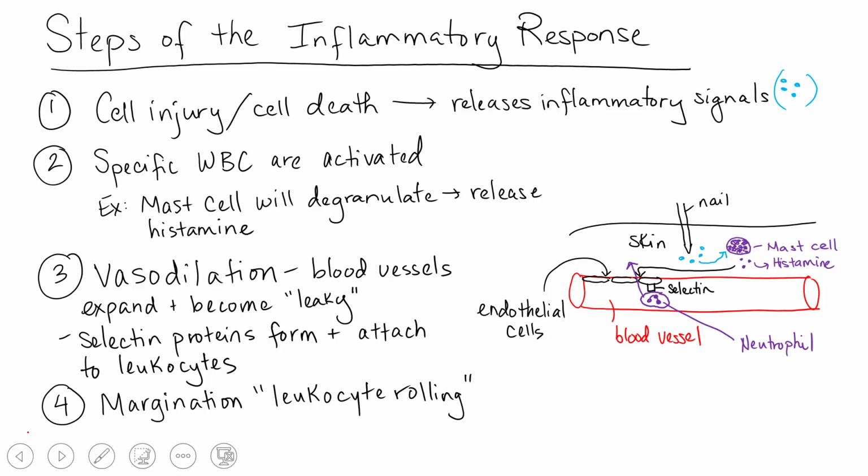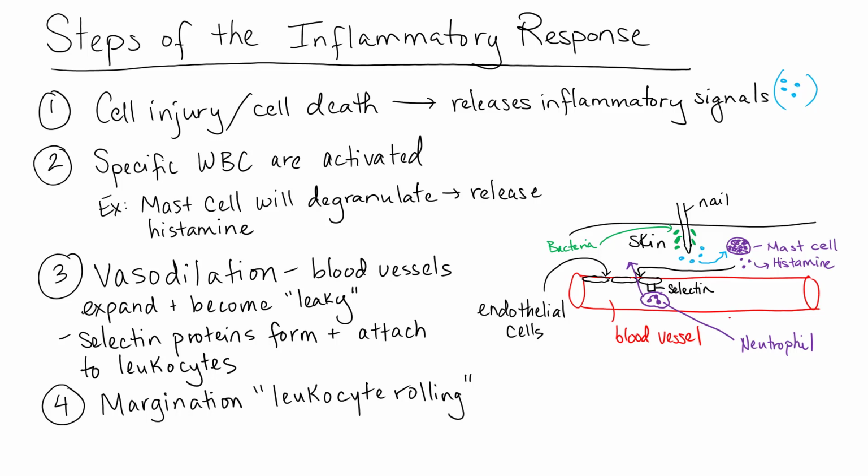Now, what's in the skin again? Well, I guess we should probably draw those guys in, right? It was what was attached to the nail. Remember, the nail was dirty, so the nail had bacteria on it. And those bacteria now have breached the first line of defense, the skin, and they're inside of our tissues, and they're going to start replicating and start causing damage pretty soon.